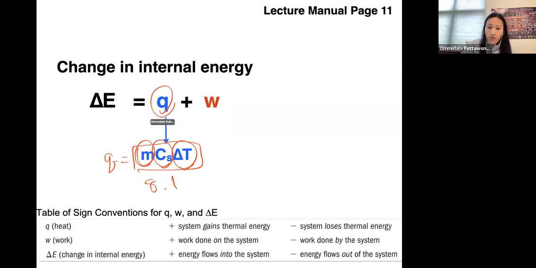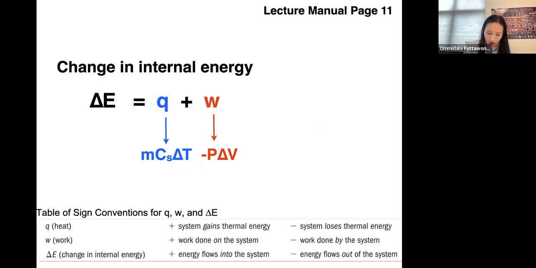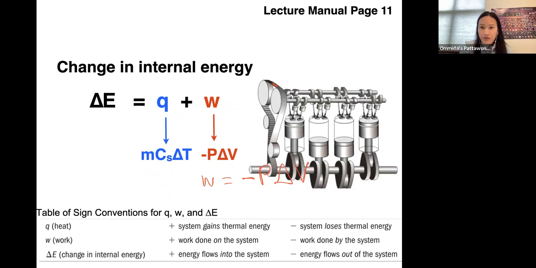Now with work, you can find work by this equation here: work W is equal to negative P, where P is pressure, times the change in volume. Why is it a change in volume? The change in volume comes from the cylinder in the car engine. So this change of volume is causing work.